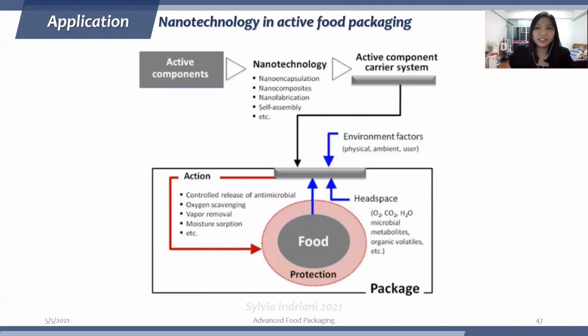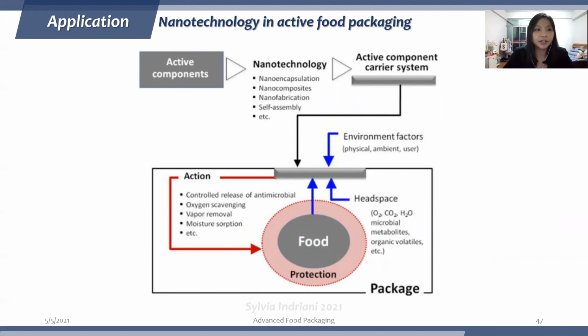Okay, the nanotechnology in food packaging. These figures explain the key components of a typical active packaging system enabled by nanotechnology. Briefly, the active components are assembled using nanotechnology to produce an active component that can be integrated into a food package.